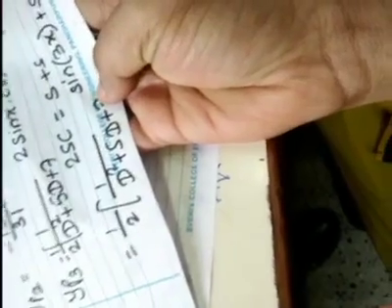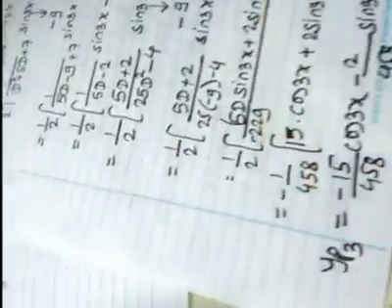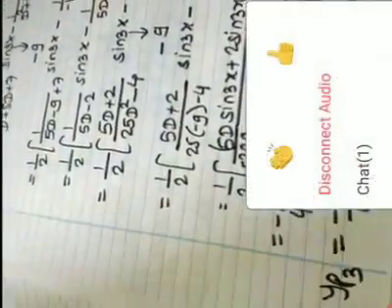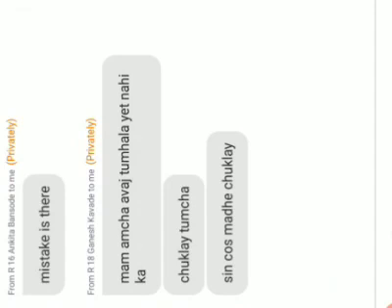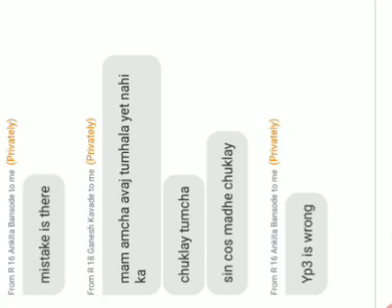Go ahead. Sine cos, okay. Sine cos something. Okay, what is that? Sine formula? Can you type more so that I can understand where is the problem? Sine cos, okay. But where? YP3. Okay, you just correct it as you got it.